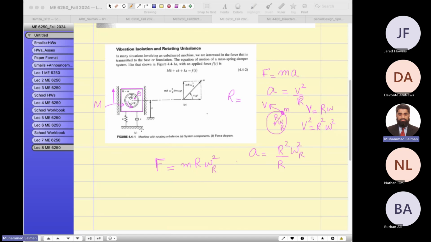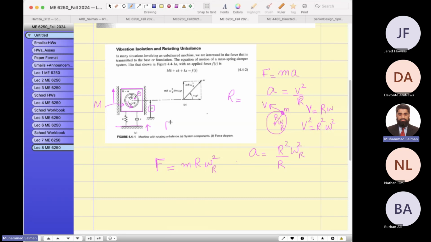The force transmitted to the foundation can be written as this equation. When this machine moves, the mass moves like a washer, and the machine starts vibrating with a degree of freedom x, and this vibration also moves the foundation with a certain amplitude.